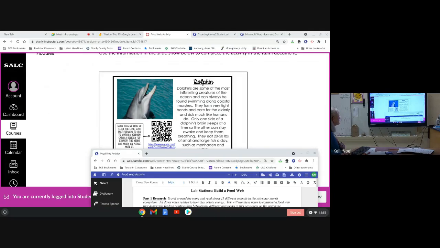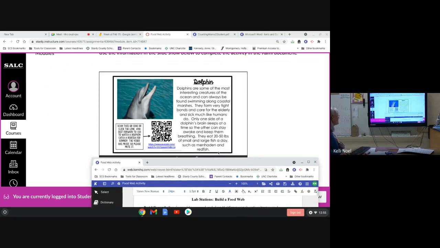So dolphins are some of the most interesting creatures. They can always be found swimming along coastal marshes. They form very tight bonds. They care for the elderly and sick, much like humans. None of that has to do with energy. Only one side of the dolphin's brain sleeps at a time, so the other can stay awake and keep them breathing. They eat 25 to 50 pounds of small and large fish a day, such as menhaden and red fish.